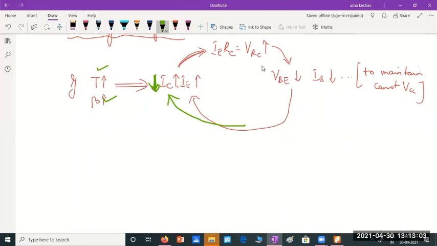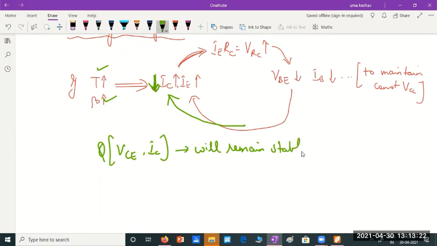Hence, again, this circuit will not go to thermal runaway and it will have a stable Q point. The Q point whose coordinates are VCE and IC will remain stable. Is that clear?